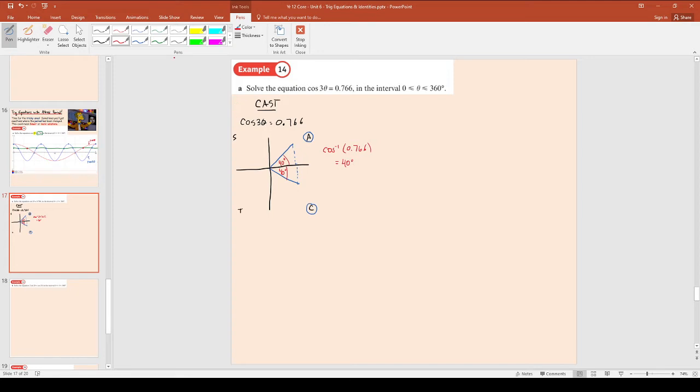Now, same as last time, right? So far, so good. Here's where it gets a little bit different. Our first solution then, buddies, is this one, at 40 degrees. But the only difference is, it's not actually theta that equals 40 degrees, but 3 theta that equals 40 degrees. Cool beans?